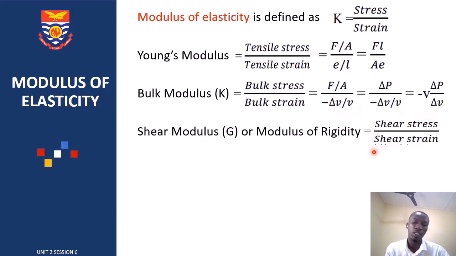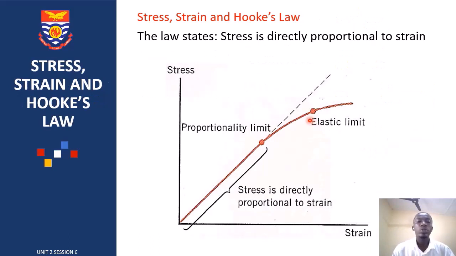The same for the shear stress over shear strain. So don't confuse yourself with any of this. Just know that for the modulus, we have stress over what? Strain. Hooke's law. So Hooke's law states that stress is directly proportional to what? To strain.